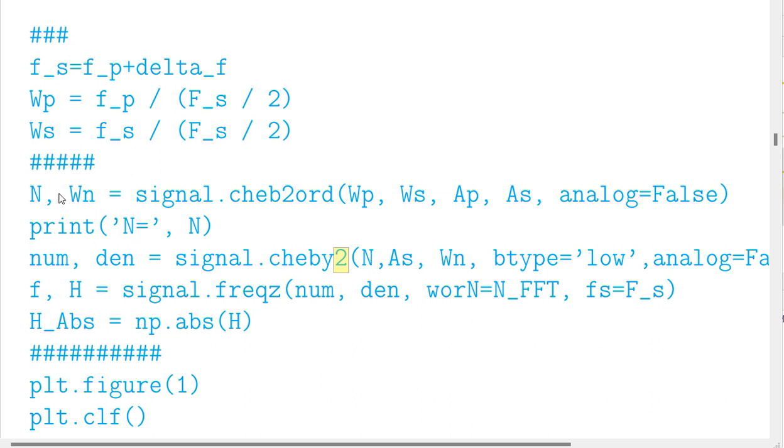So this time N, the first parameter, and the second one AS. For Cheby 1, we had AP because we had a ripple in passband. But this time for Cheby 2, we should have ripple in stopband. So we need to declare it. So N, AS and WN. And the type is low pass filter, okay.